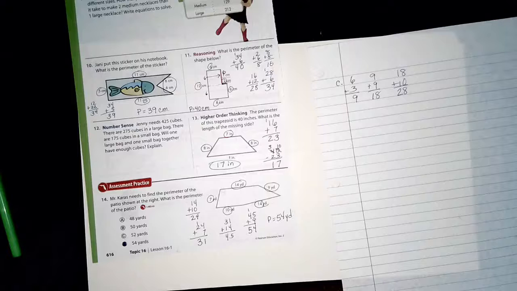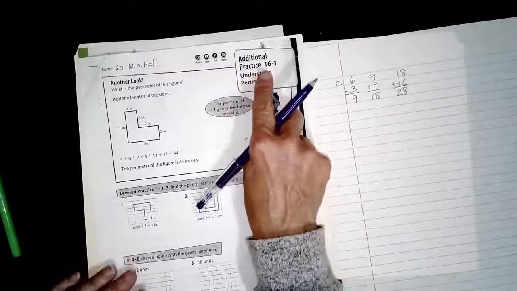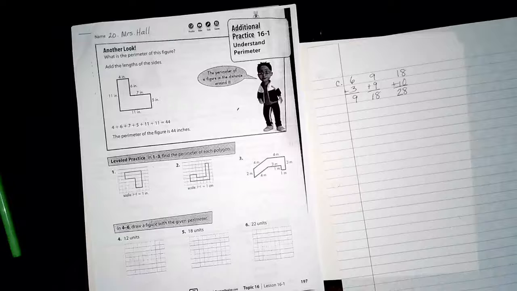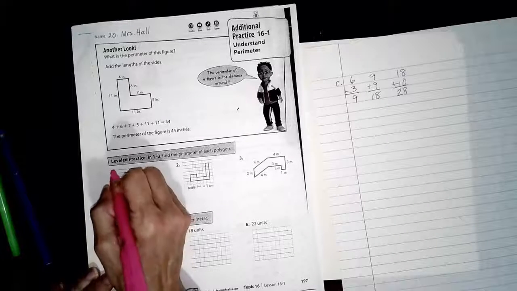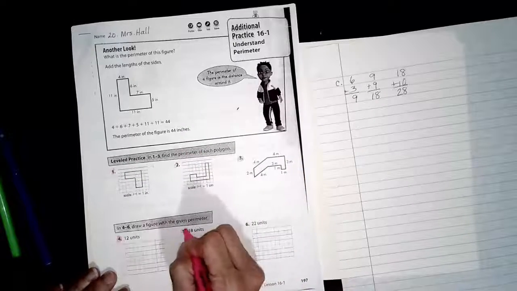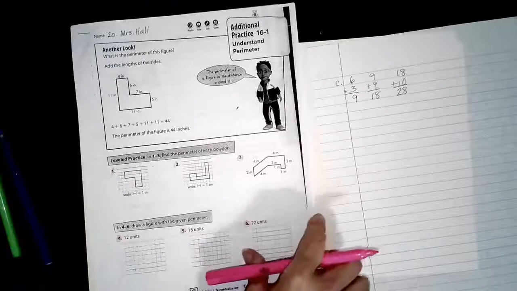Now, let's take a look at what your homework is going to be. So we are looking at our homework, practice 16-1, and we are going to be working numbers 1, 2, 3, 4, 5, and 6. Turn your page over.